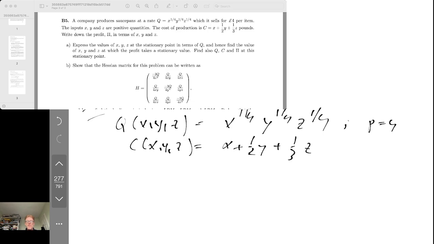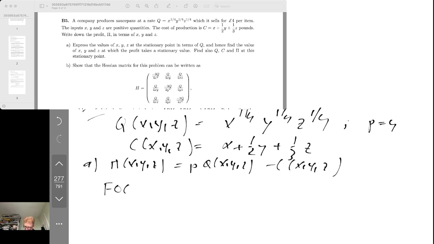In A, you're supposed to write down the profit function pi, and you can fill in 4q minus c of x, y, z, where q is the production function of x, y, z.